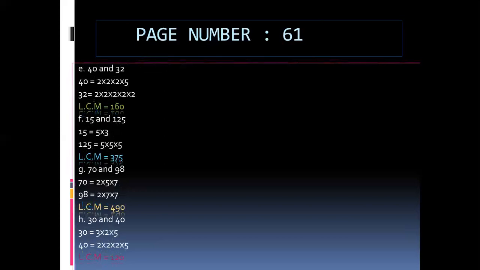The LCM of 40 and 32 is 160. The LCM of 15 and 125 is 375. The LCM of 70 and 98 is 490. And the LCM of 30 and 40 is 120. I already did all the rough work for you.